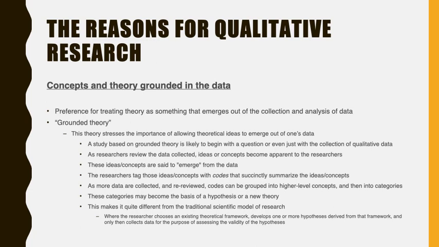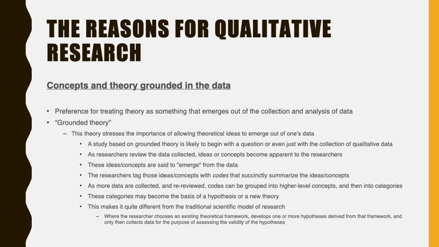Now, as more data are collected and as we re-review it, we may change our codes, we may group codes together, or we may eliminate codes when we find that something doesn't carry forward. So maybe we're studying the flag and we're looking for themes of patriotism, but no one actually mentions patriotism, or maybe only one respondent out of 50 mentions patriotism.